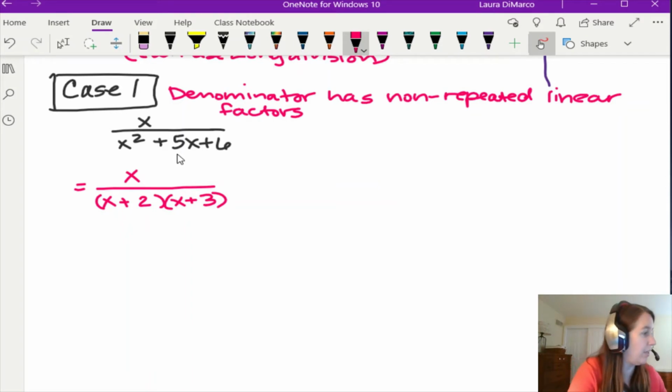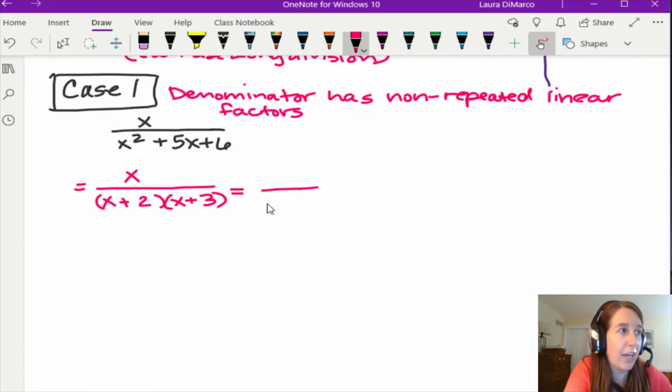All right, so here is what we do. We factor the denominator, and next we're going to break this up into 2 fractions. The first fraction is going to have the denominator x plus 2, and the second fraction is going to have the denominator x plus 3, because that's really what we're going for.